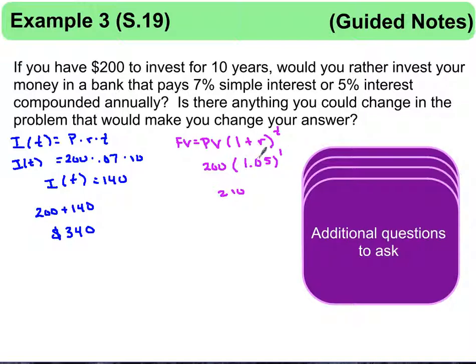If I go by this again and say 210 times the 1.05, and we're going to put that at 2 years, so 1.05 squared times 210, I'm going to end up with $231, and let's just call it 53 cents.